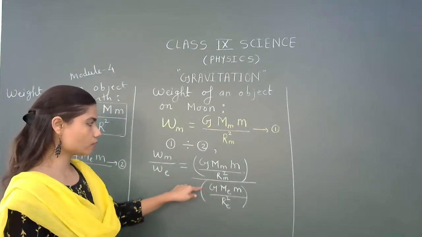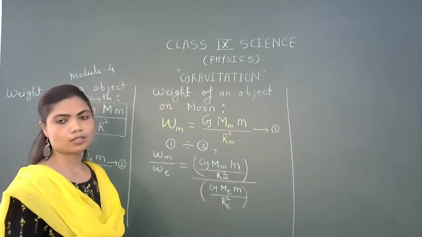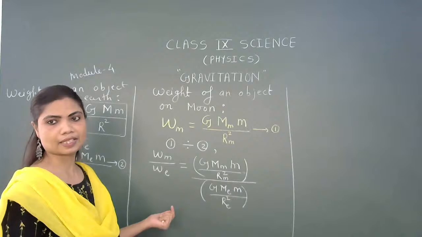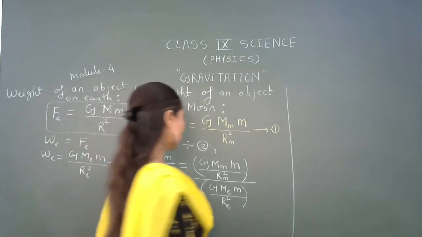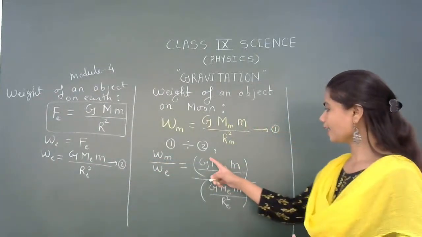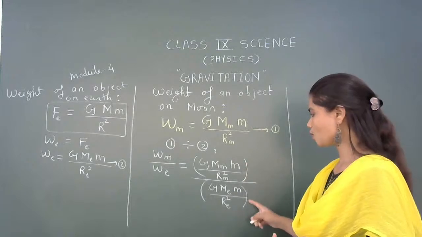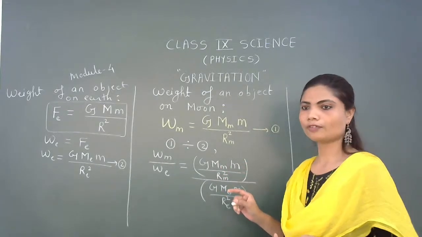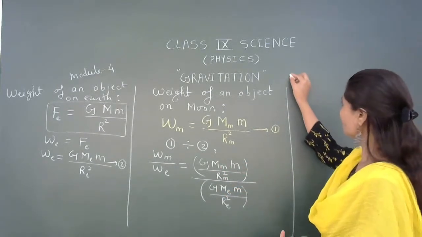Capital G will be constant, and we have taken the source object as the same mass, small m. So we will easily cancel out capital G and small m, and we will substitute the values of capital M. What will be the equation?